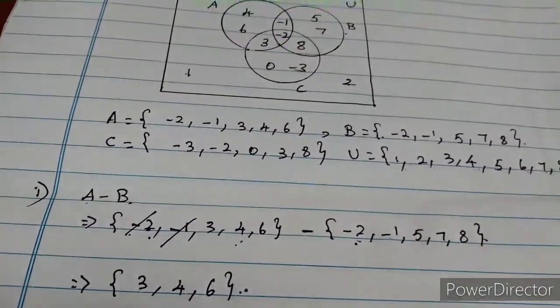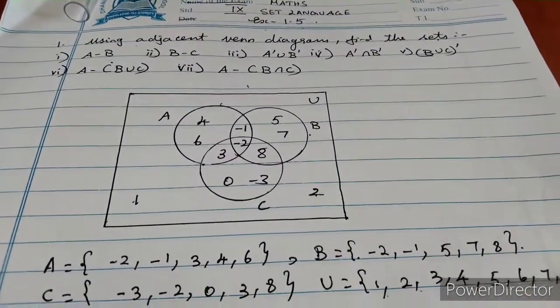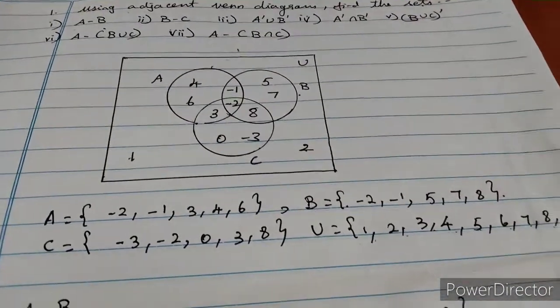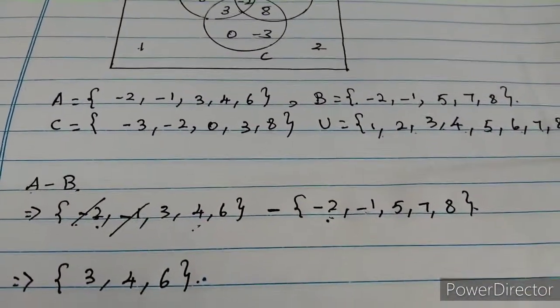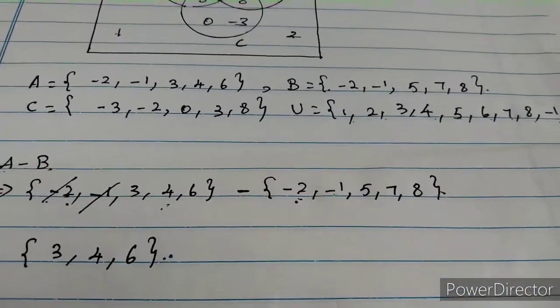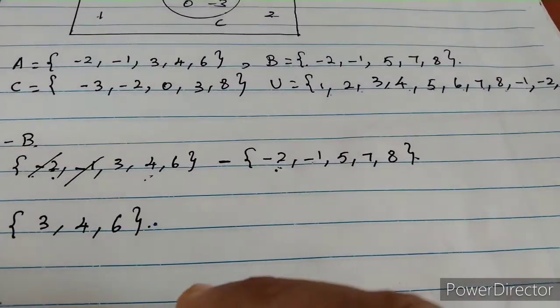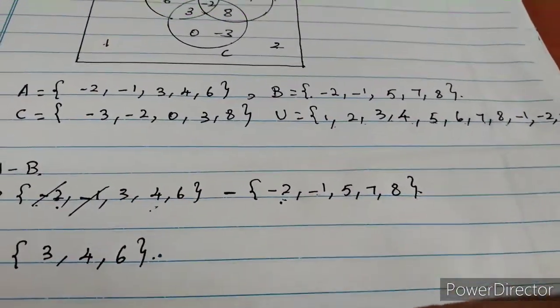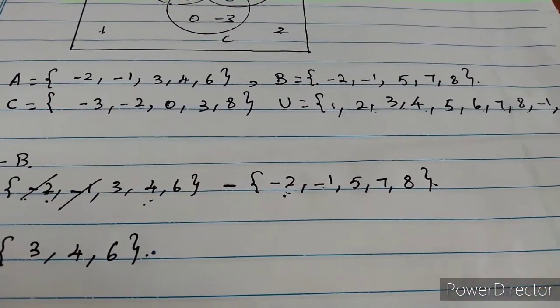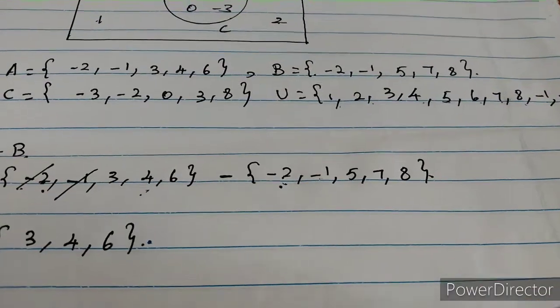Next question is B minus C. Now write the elements of B, that is -2, -1, 5, 7, 8. Minus the elements of C: -3, -2, 0, 3 and 8.